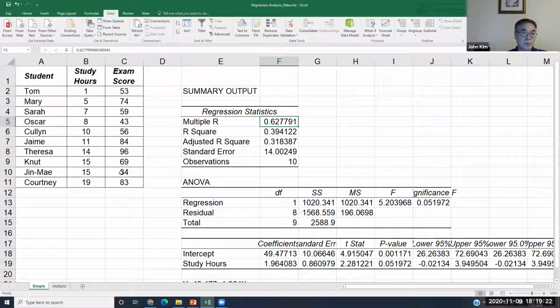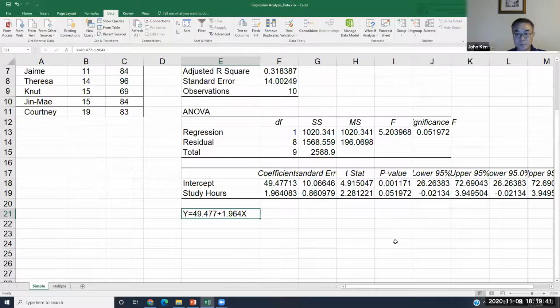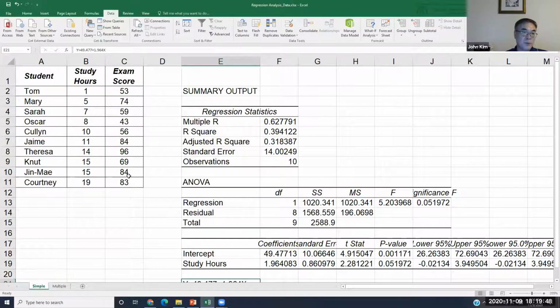Not much, but there is a positive relationship. So study more hours, then exam score is higher. Using this regression analysis, we can develop this kind of equation. And by the way, this is the Y variable, and this is the X variable.